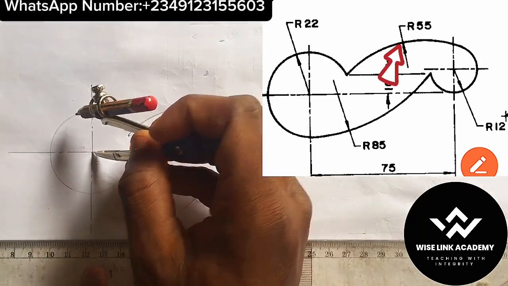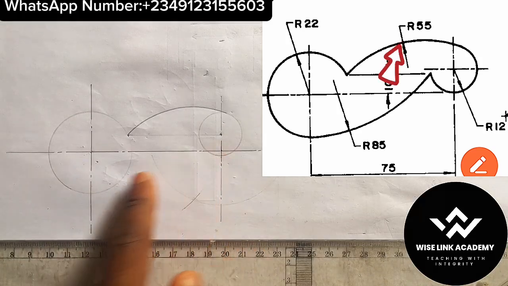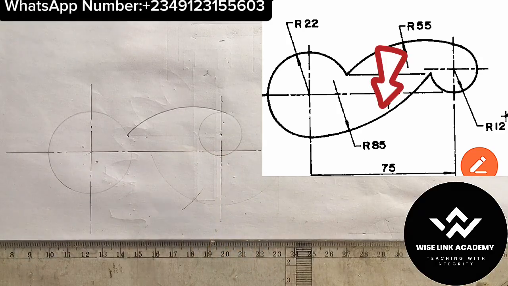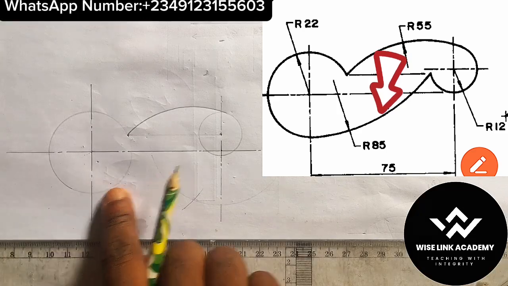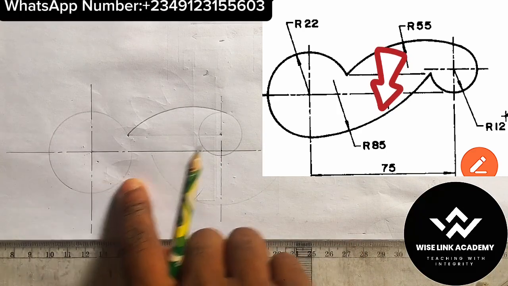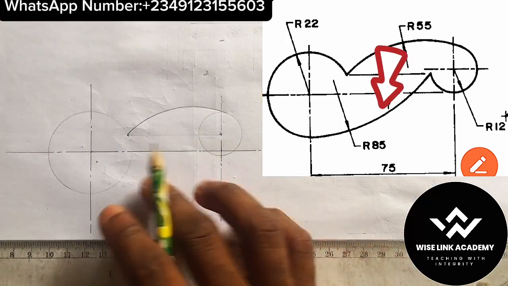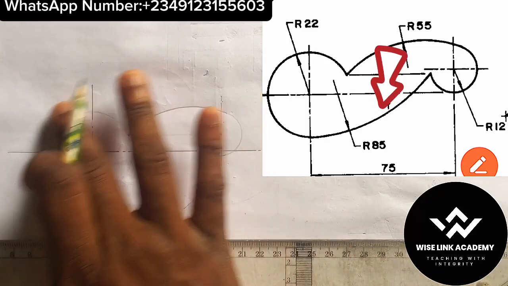Okay, before that, let's get the second arc here. The radius is given as 85 for the second arc. This is having a tummy, a bigger tummy. So subtract: 85 minus the radius of the circle, which is 22.